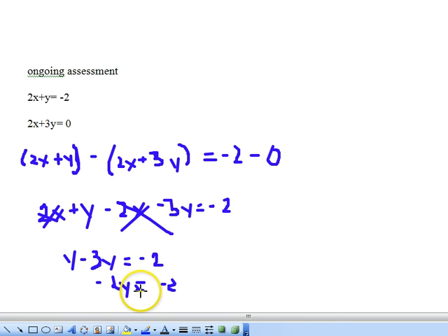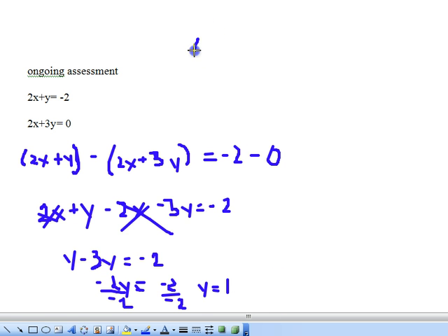And so when you divide both sides by negative 2, you get y equals 1. Okay, so y equals 1.